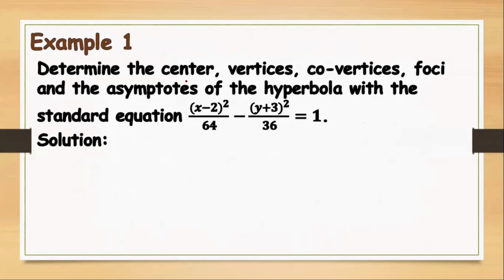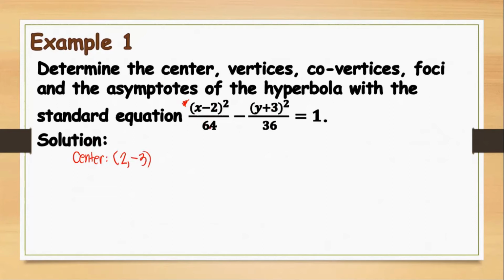So first, determine the center, vertices, co-vertices, foci, and the asymptotes of the hyperbola, given this standard equation. To determine the center, it's easy for us because this will be our h and this will be our k. So the center is at the point (2, -3). Now, since we have x here, it means that for the vertices, there is a change in x.